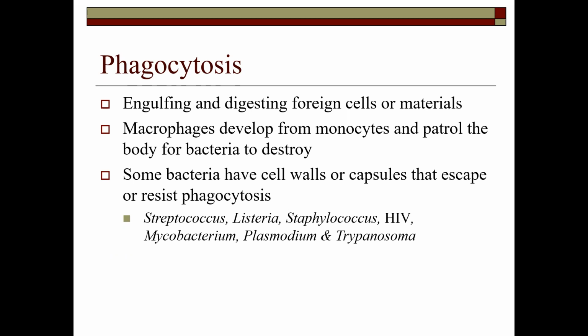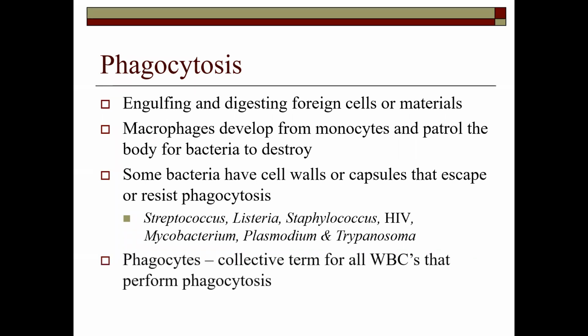They can't be killed in the classic regular way that our immune system knows how to kill things. So the collective term for all white blood cells that perform phagocytosis is phagocyte. Really, when we say phagocytes, we're talking about macrophages, neutrophils, and dendritic cells. Those are really the main ones.